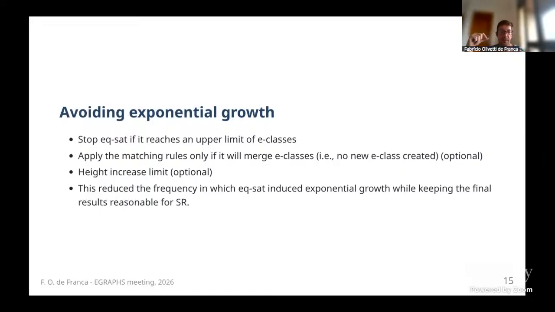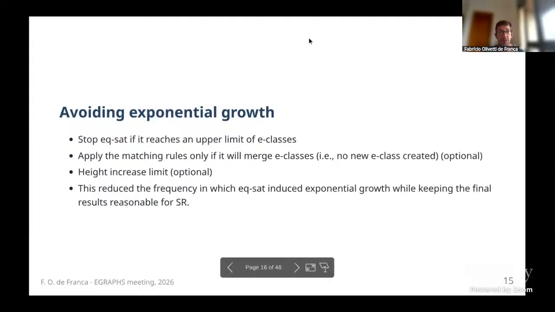If it reaches a certain point, let's say 10,000 e-classes, I stop the process, extract the best expression, and return the current best expression. If I want to restart the process, I can restart from the best expression to try to optimize it again. Of course, this is suboptimal, but at least it prevents this issue with memory management. This is one of the things I've implemented.